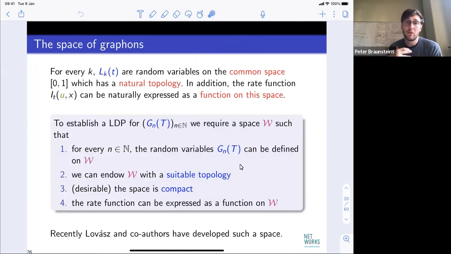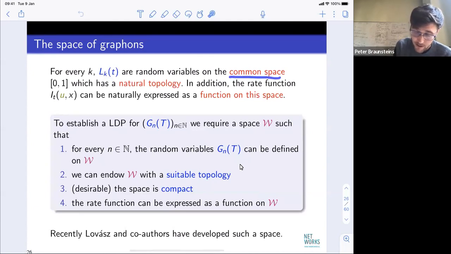As soon as we try to do this, we're immediately hit with a problem. To compare to the edge density case, for every number of edges, the edge density random variables live on a common space. They all take values between 0 and 1, and this space has a natural topology, which is the topology generated by the Euclidean metric.